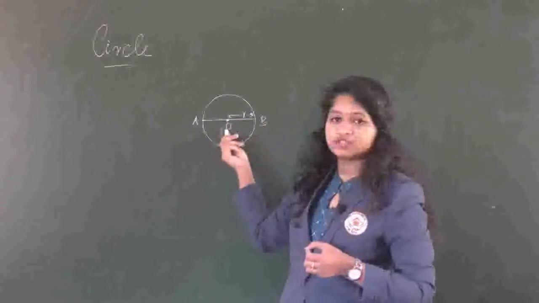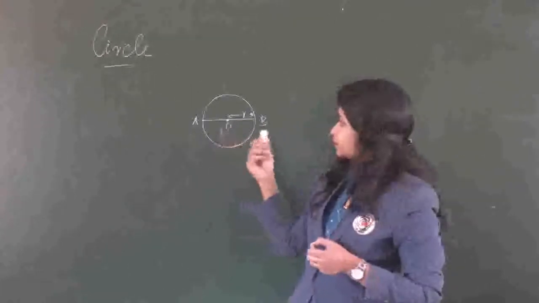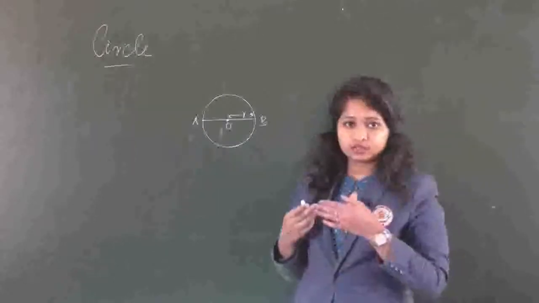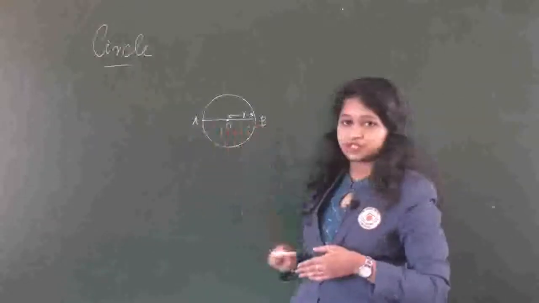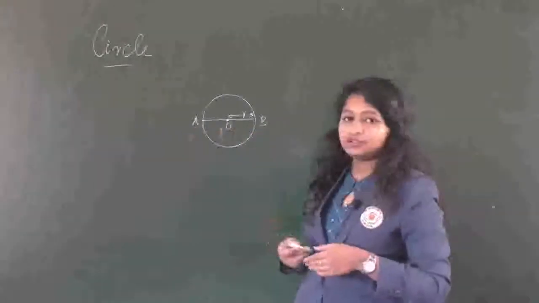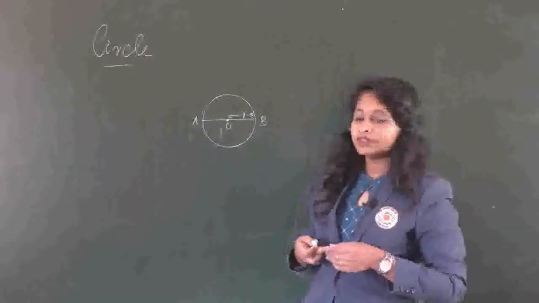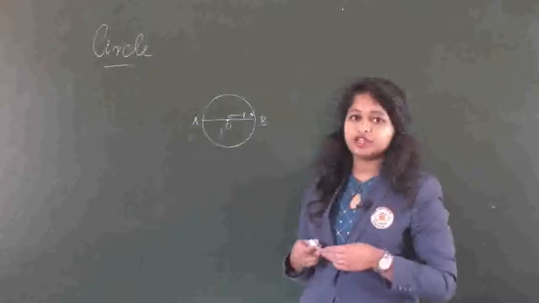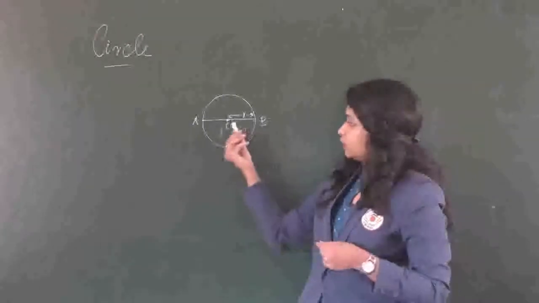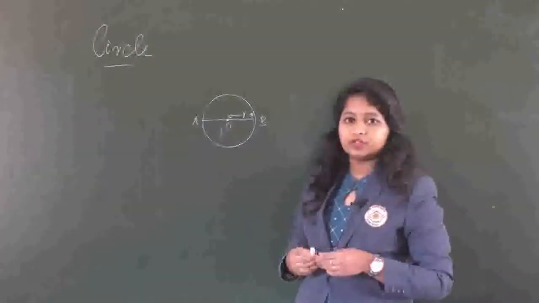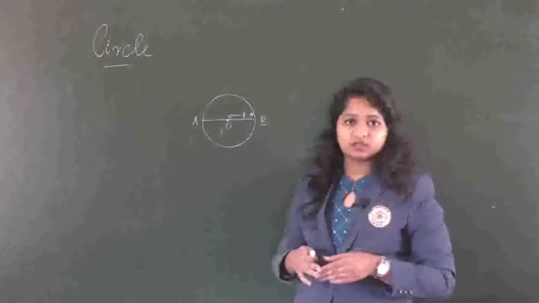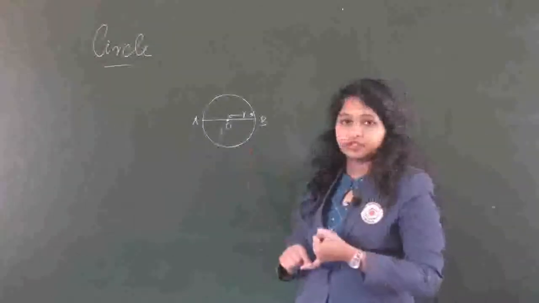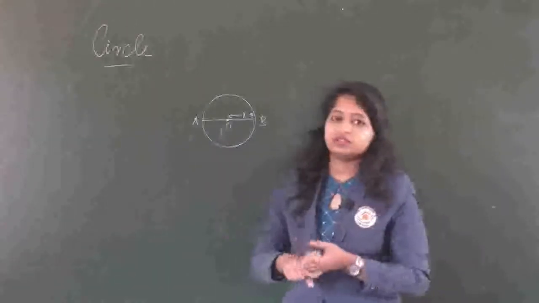Here the center of a circle is O and the line segment which passes through the center is called as diameter. Here AB is the diameter, and what about radius? It is half of the diameter. So, here OB and OA are the radii of this circle. So, we have to know the radius, the diameter and the center for a circle.